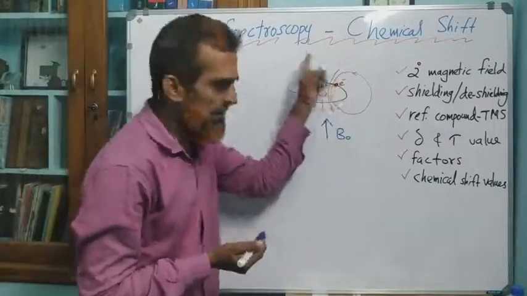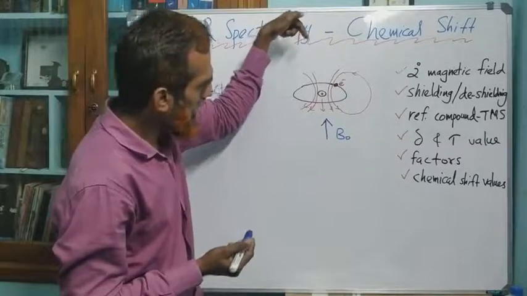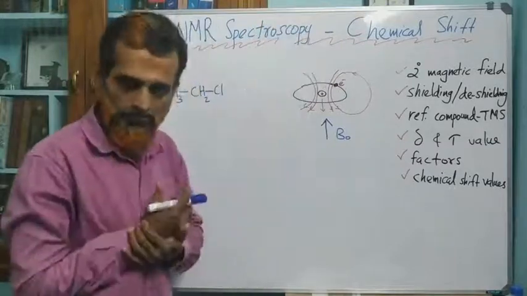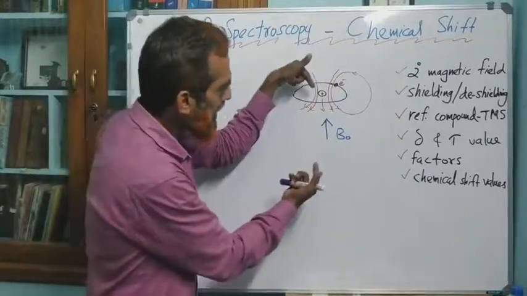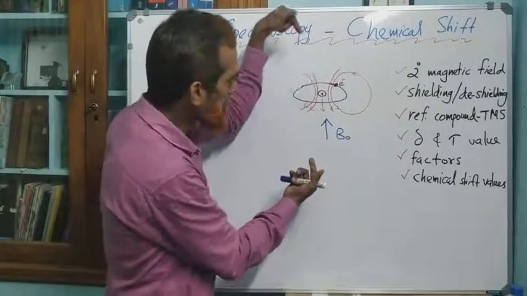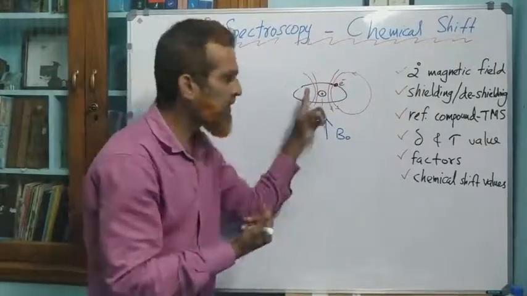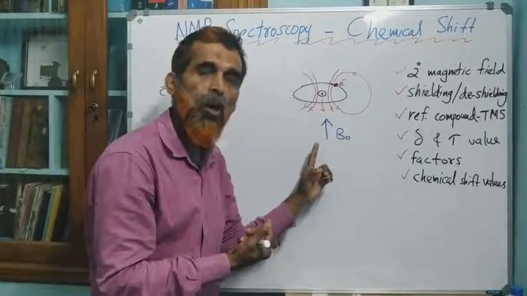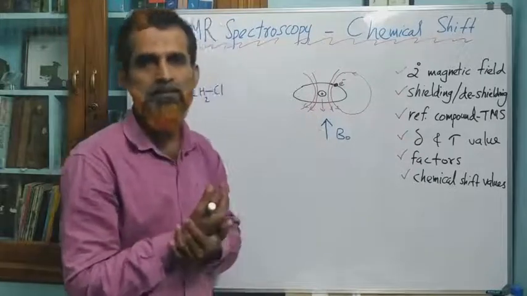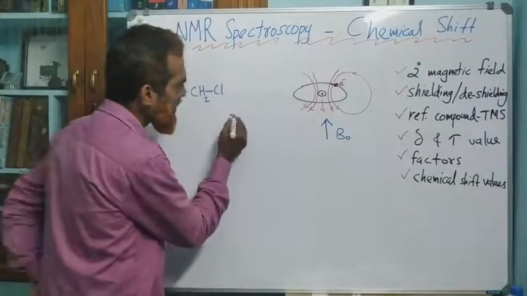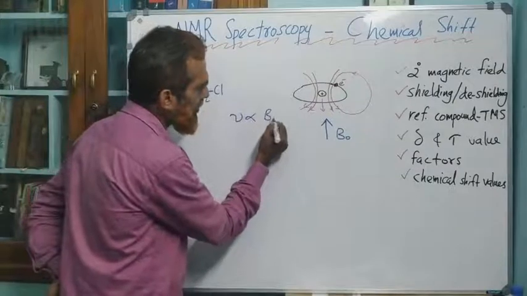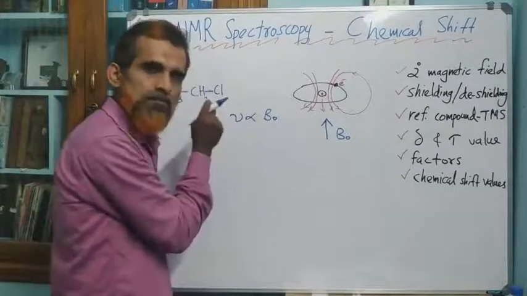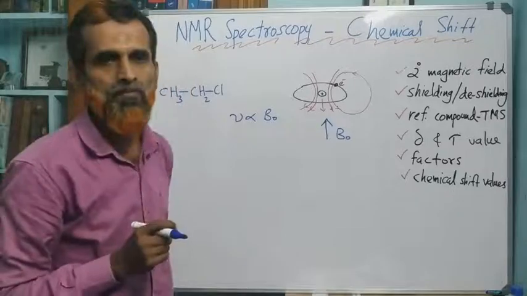If the secondary magnetic field is more, that means there is more shielding, then the proton will feel a lower applied field, and we know that nu is proportional to B0. Lower the field, lower the frequency.